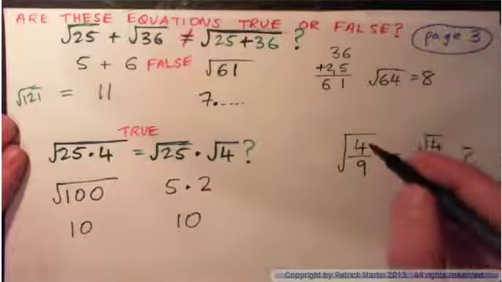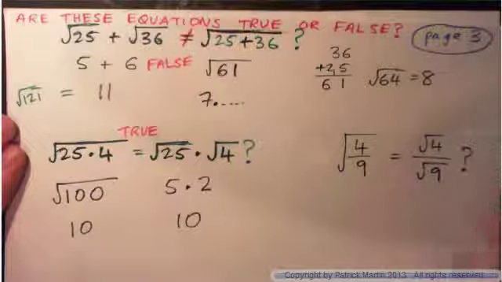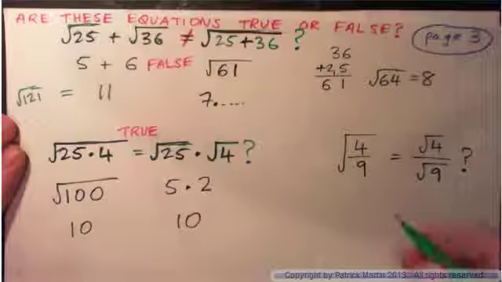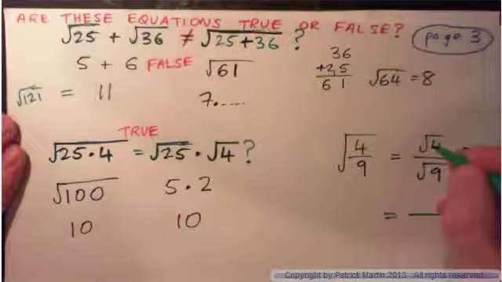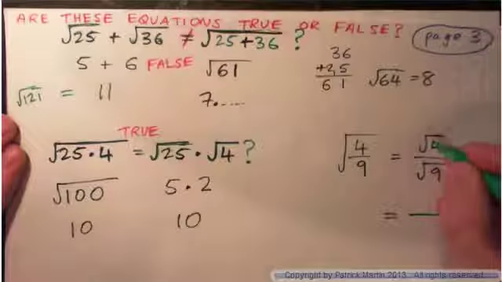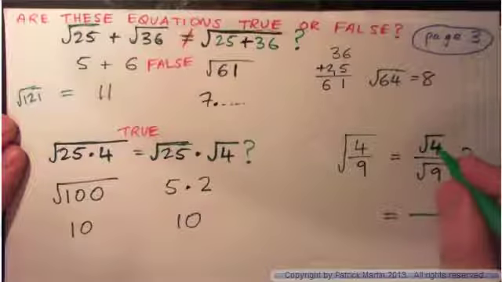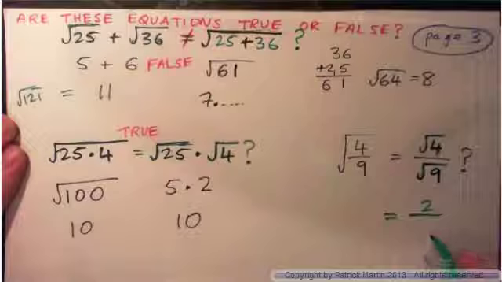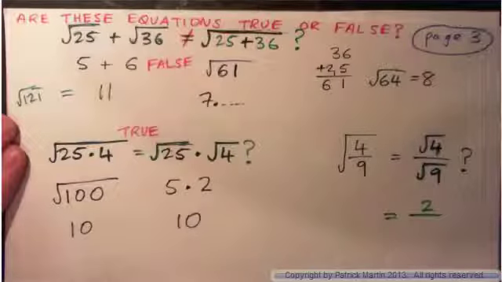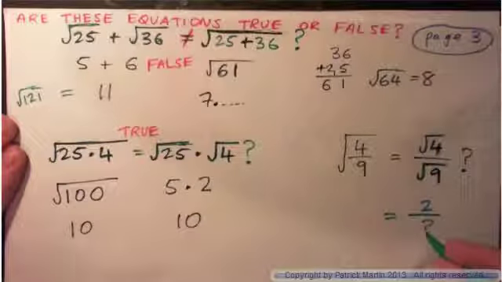Okay, root 4/9 equals root 4 over root 9, question mark. Let's see. Let's figure out the right hand side. What is the square root of 4, on the top of the fraction here? It's 2. And what's the square root of 9 on the bottom of the fraction? It is 3, right?